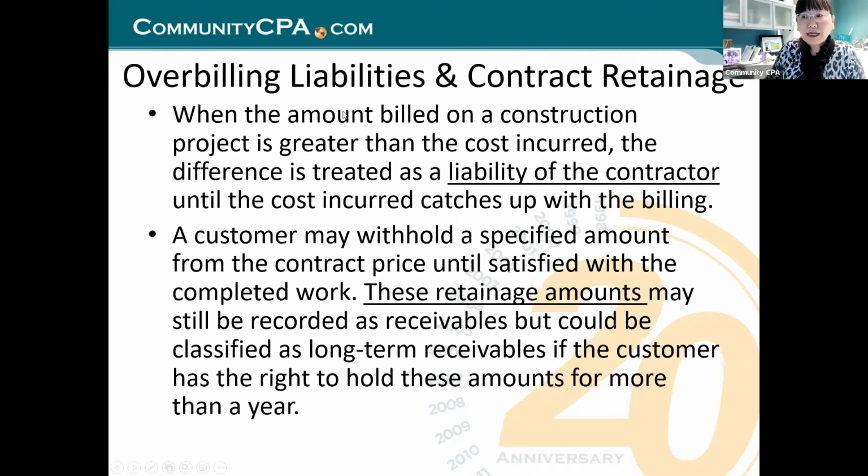So when it goes on to liability, again, goes on to your cash method. If you have a cash method, sorry, you overbilled, you should report that as income, right? You cannot delay when you are on cash method, because you go for what you received. But if you are on the completed contract method, this one would not affect you at all.